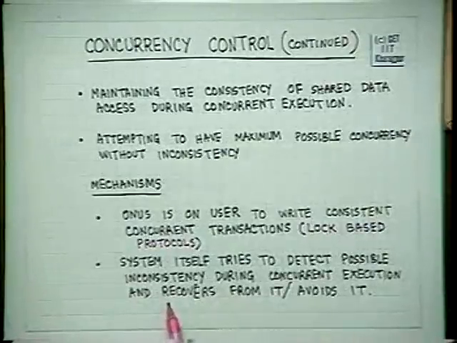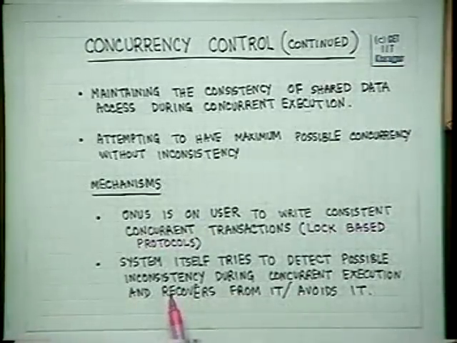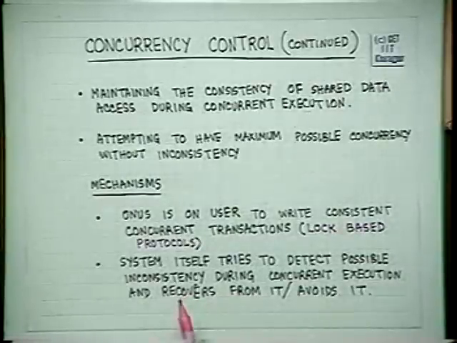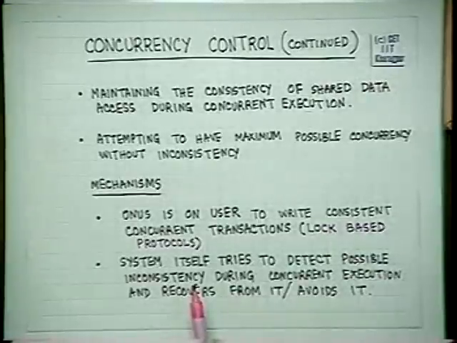When the system itself tries to detect possible inconsistency, it leads to several questions here. The first is, will the system try to analyze the actual behavior of each and every transaction. That is not possible. We are not discussing semantic analysis of transactions here.